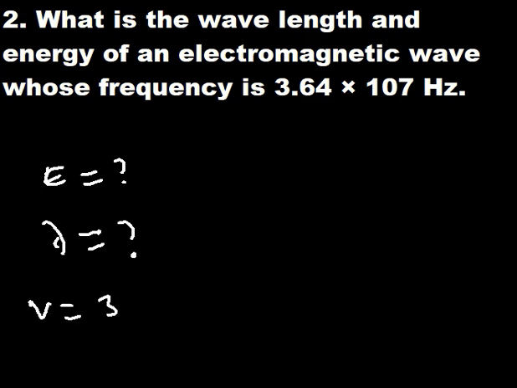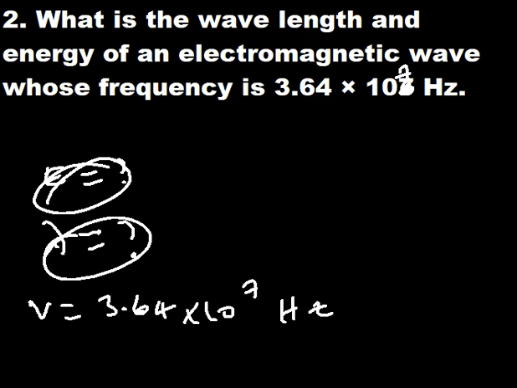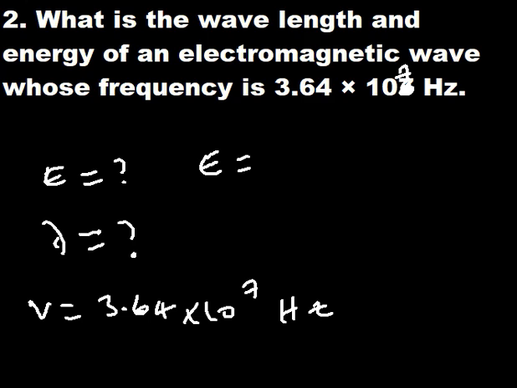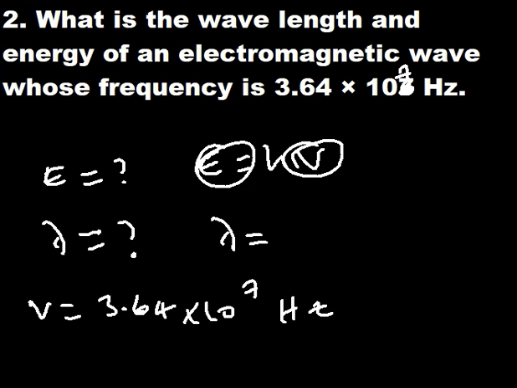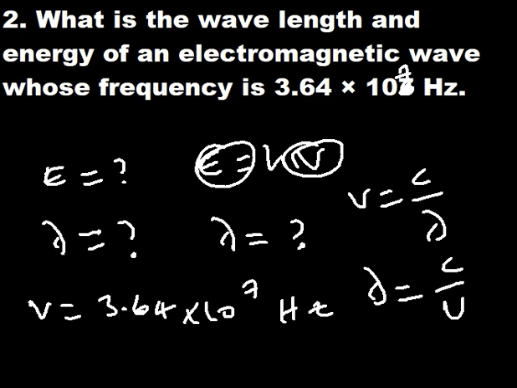The formula for the energy is h times v, the frequency. You can put it here and have the energy. And the wavelength is calculated from the formula for the frequency. Since the frequency is the speed of light divided by the wavelength, the wavelength is the speed of light divided by the frequency.